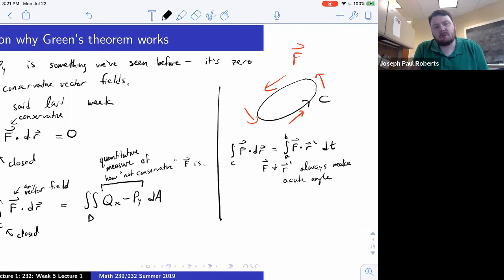And remember, the dot product of vectors that make an acute angle is positive. It's negative if they make an obtuse angle, and 0 if they make a right angle. In this picture I've drawn, the vector field is swirling counterclockwise, so it looks like I'm always making an acute angle with this counterclockwise curve.